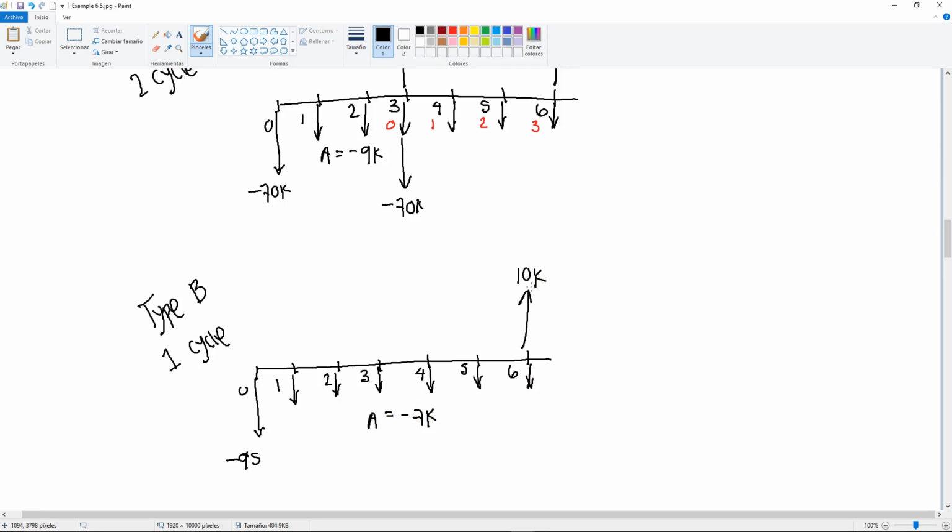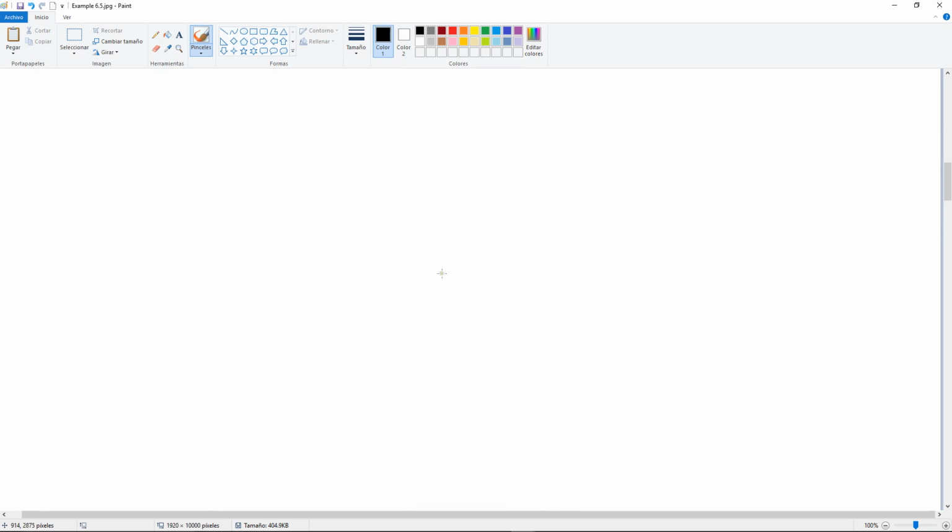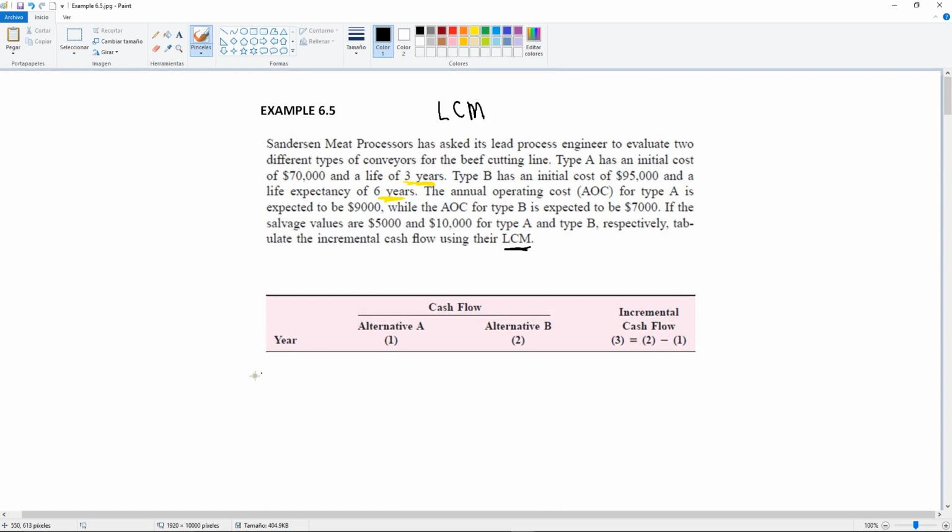Now we need to put these values into the table. So right now we're not solving anything. We're just going to copy those values in the respective years. So let's go up to the table. Whenever you have different lives, you have to put all of the years individually.